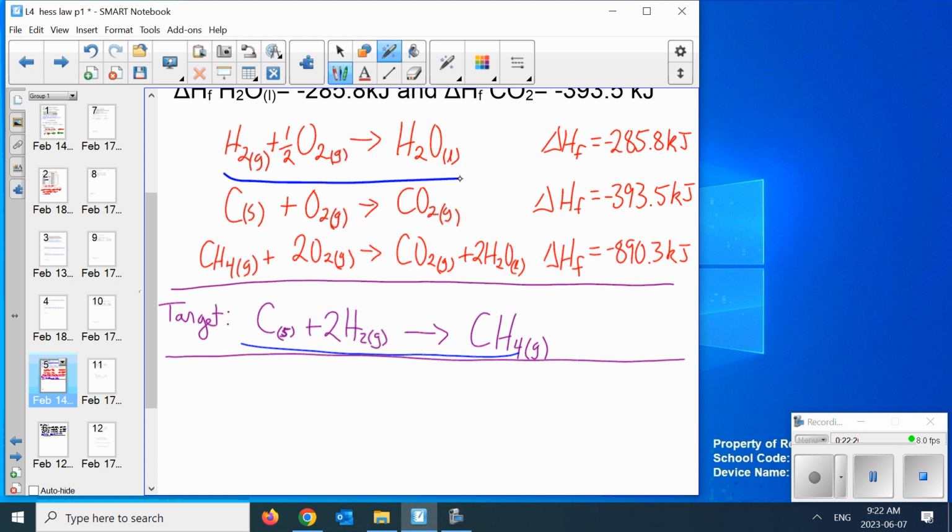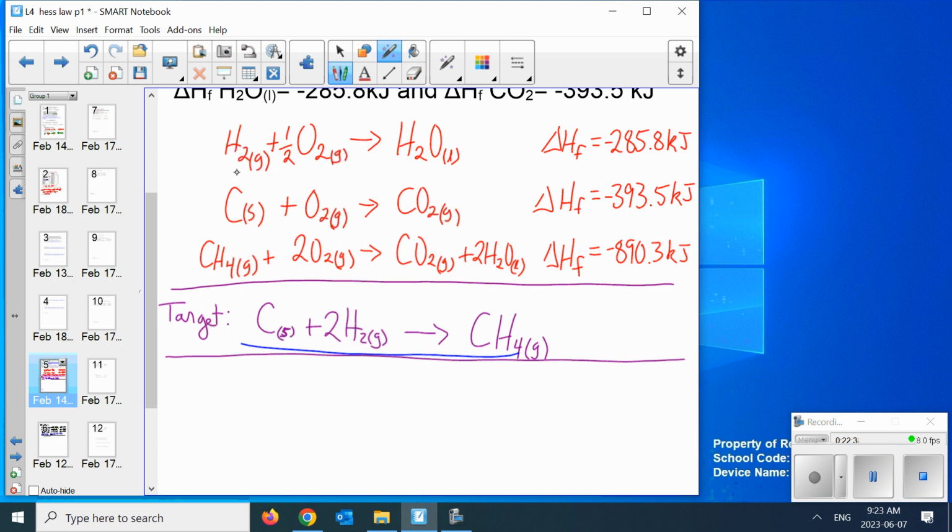When I say unique, if there's something in this equation that doesn't appear in the others, I see it's hydrogen. See how hydrogen's in this, it's not in the second or the third red list of equations. I'm going to use that hydrogen to make decisions about what we do.